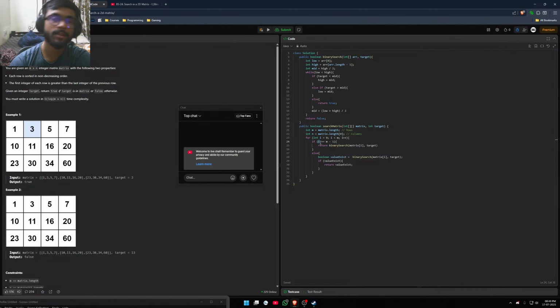If i is equal to m minus 1, which is the last row in the matrix, then we return the binary search of the last row. If that is false, it means it's not there in the entire matrix, because we're iterating through each one of them. Else, if it's in some other row, we take the result. If it's true, we return the value. If it's not true, we just continue. Okay, so this technically should work. I don't know.